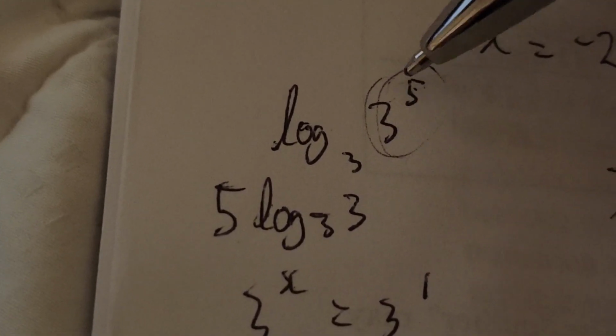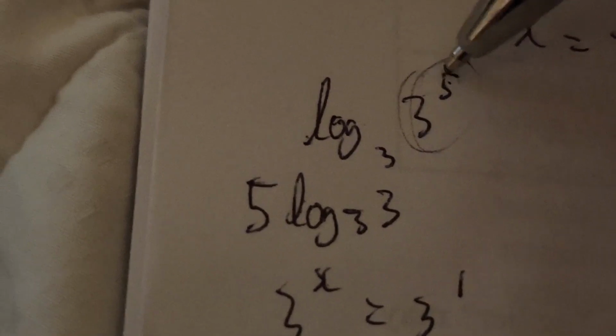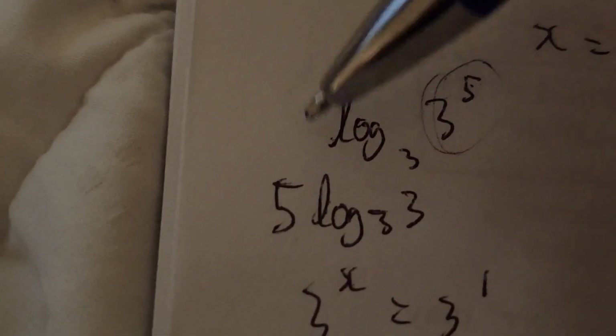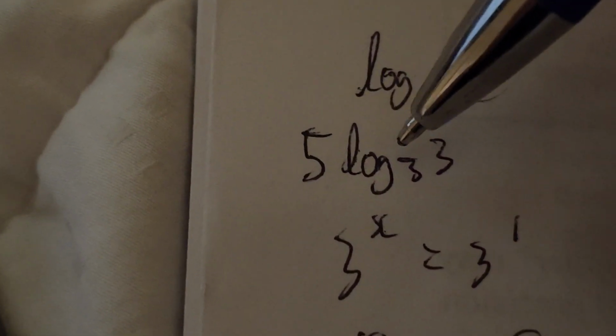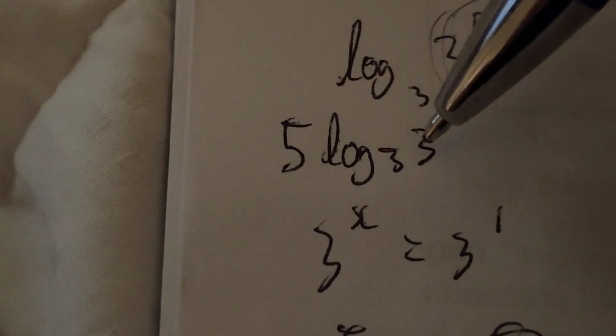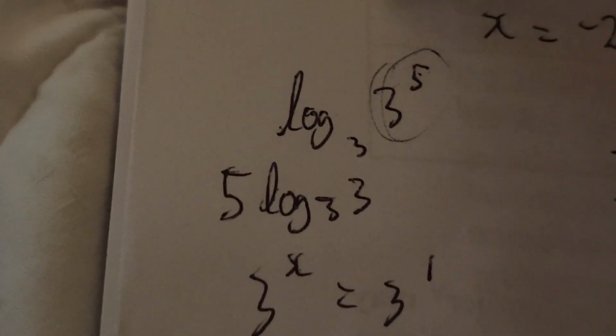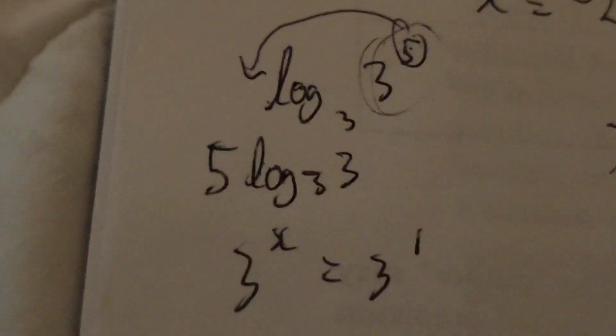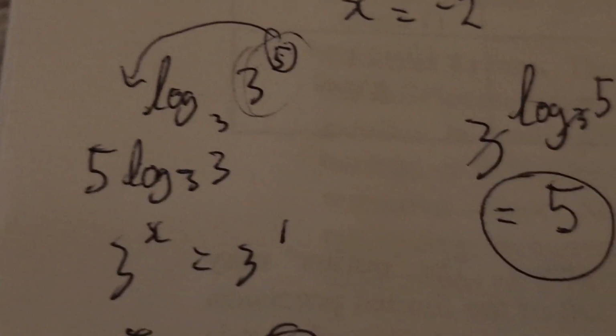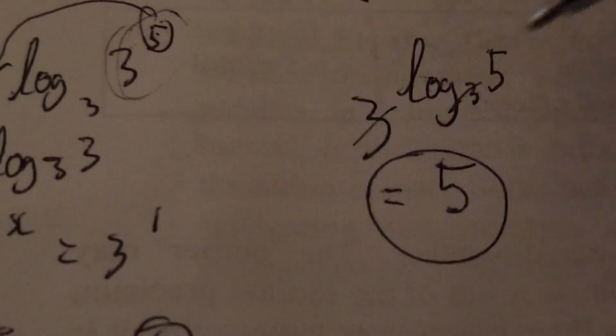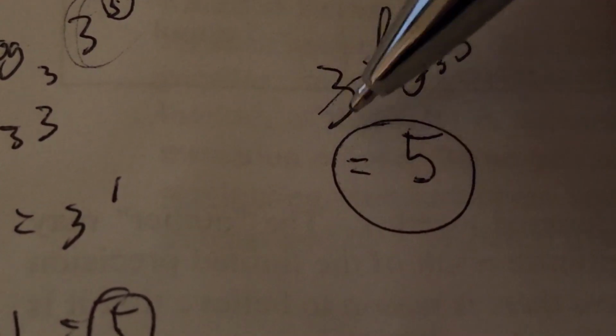It's just memorize it. So remember, just bring down the 5, multiply the exponent by the actual log, and get rid of the power. So just bring this down.